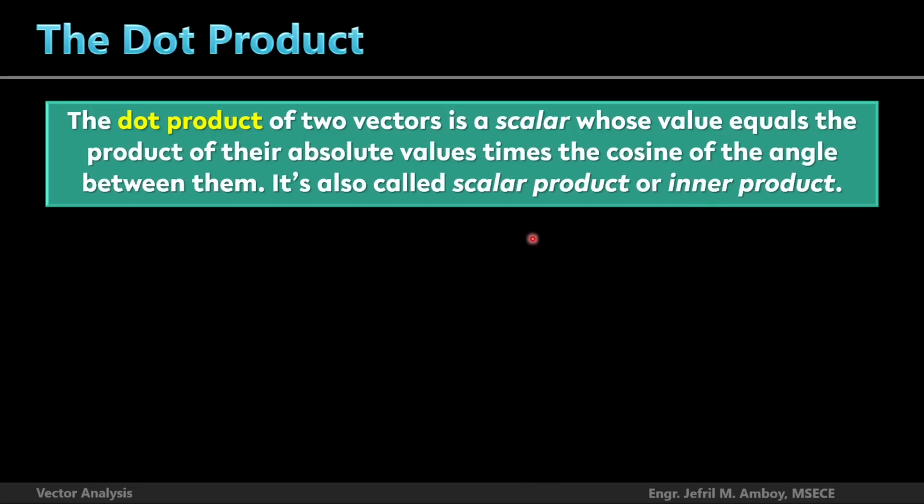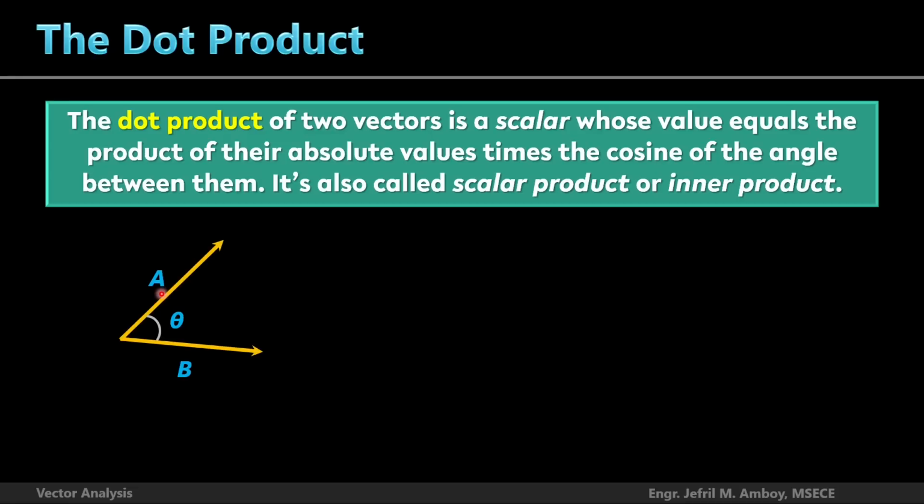Now, if we are given two vectors, for example, vector A and another vector, vector B, and these two vectors are separated by a certain angle theta, how do we get the dot product of these two vectors? According to our definition here, the dot product of A and B is equal to the product of their absolute values.